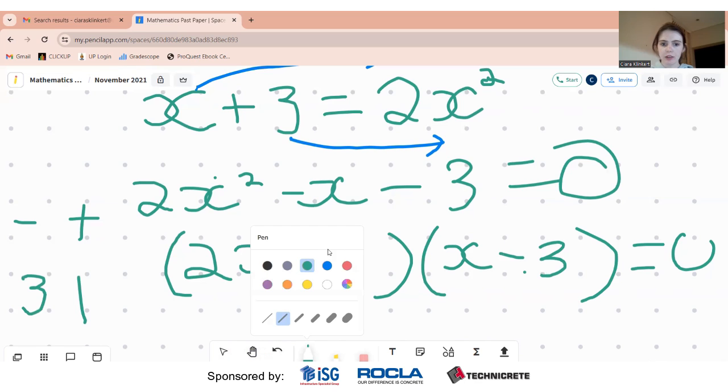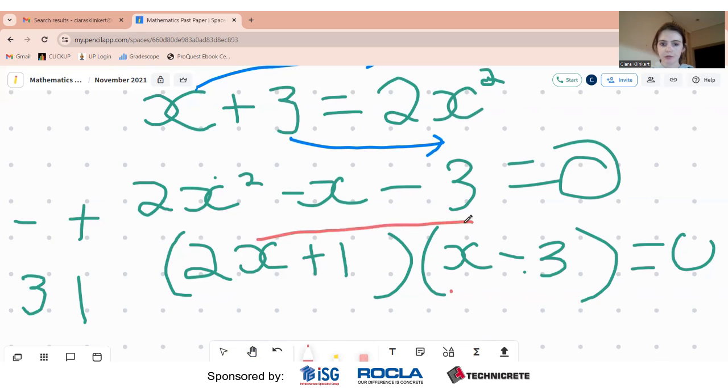But if I FOIL this expression out, I will get the first term being 2x squared. Then I will get -6x plus x -3. We can see immediately that my middle term does not become -x.